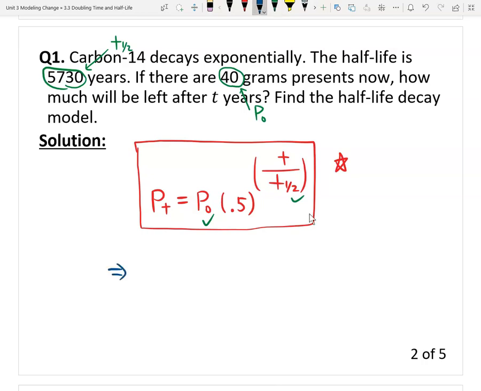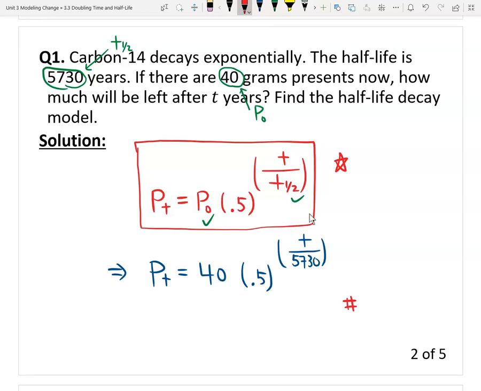See, we have P of T equals P0, which is 40 grams, times 0.5 raised to the power of T over the half-life, which is 5,730 years. And this is the model already. It describes the value at time T of carbon-14.